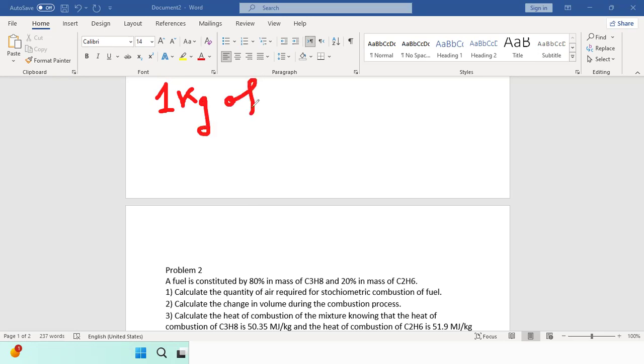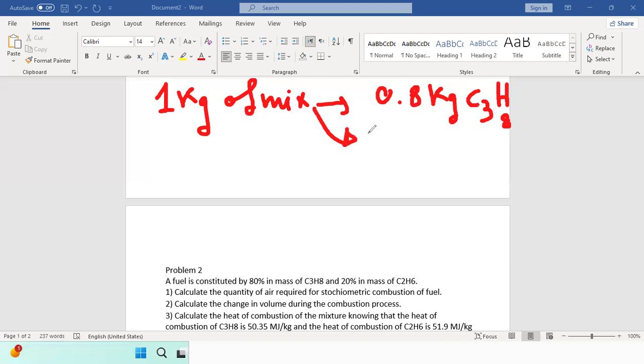In this 1 kilogram of mixture, I will have 80% of C3H8, so I will have 0.8 kilogram of C3H8. And I will have 0.2 kilogram of C2H6. Okay.